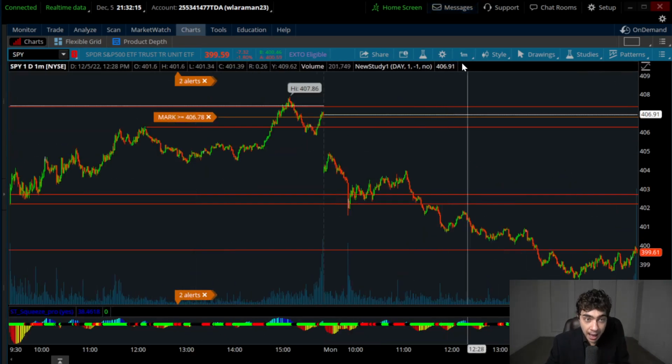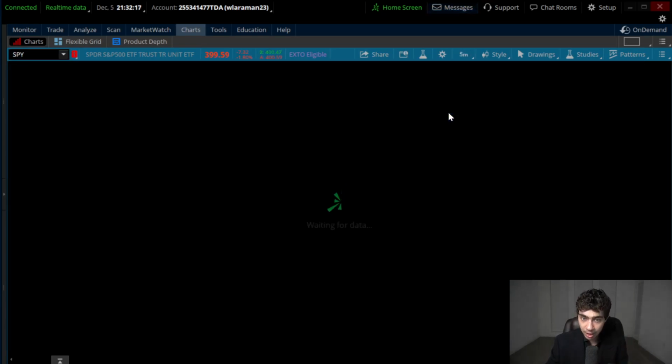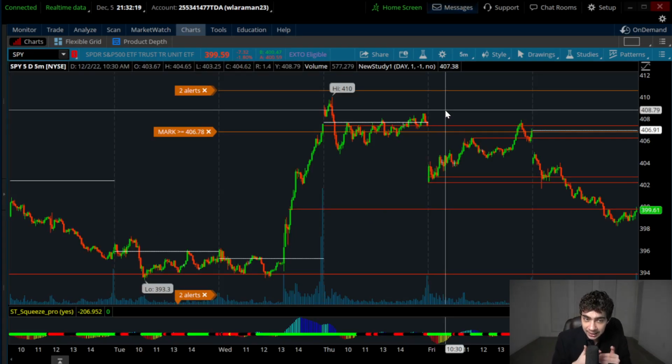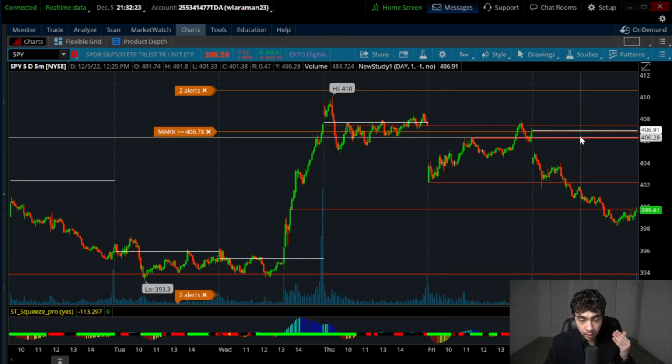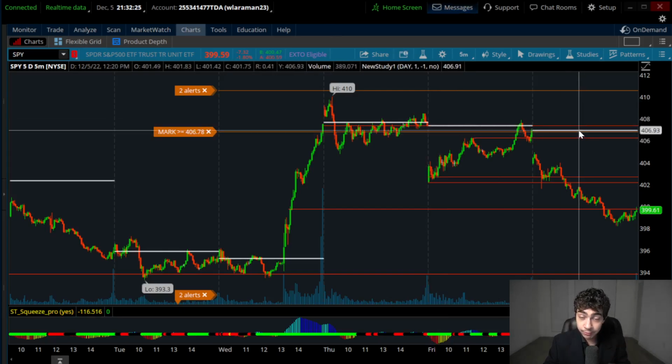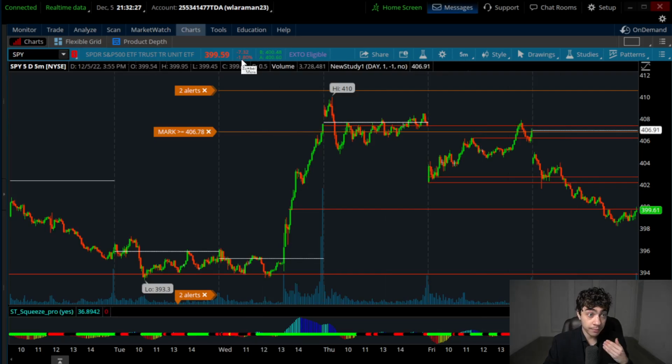The levels that I will be interested in trading at for scalps heading into the rest of this week, as of now, are the following. 406.91, if we reject, I get puts. 399.59, the previous closing price, if it reacts as resistance, I look to short the key breakdown with lighter size. 402.60 is the make or break trend reversal.